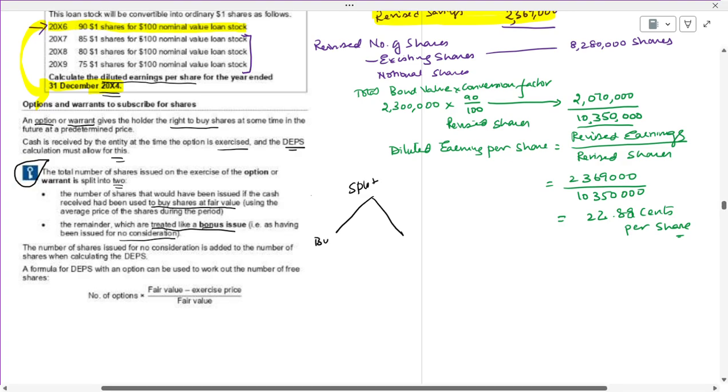Some people will buy. When you are buying, you will buy at an average price, opening price plus closing. They will give you the average price. Using the average, the remainder, whatever the balance, will be treated as a bonus issue.